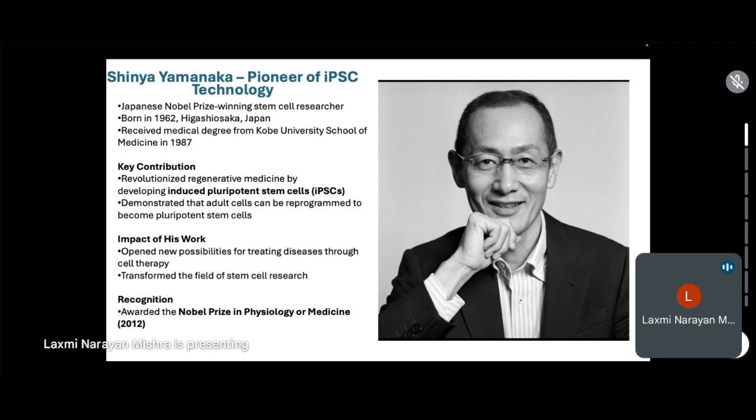Most of the diseases which we see have a problem in one type of organ or one type of cell only. So if we can generate those types of cells from embryonic stem cells, is it possible that we can treat those diseases? And this was a motivation for him.